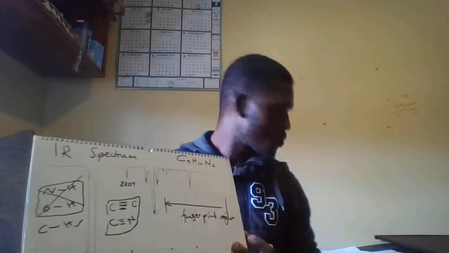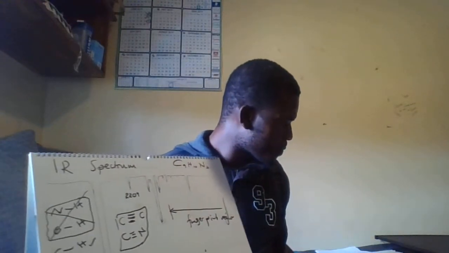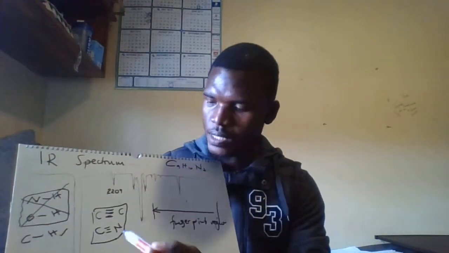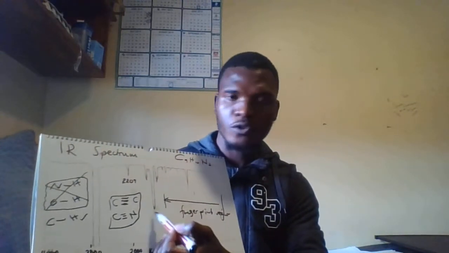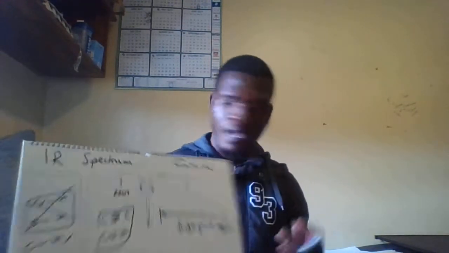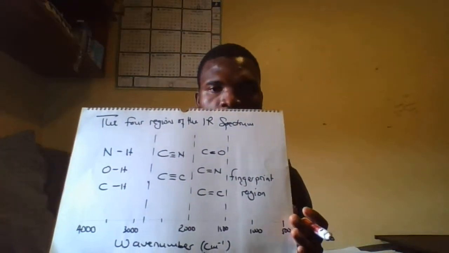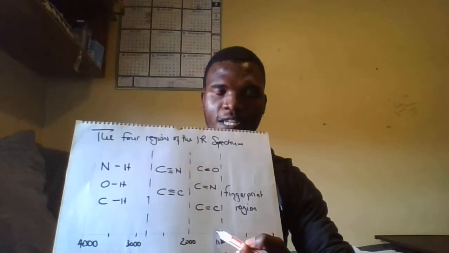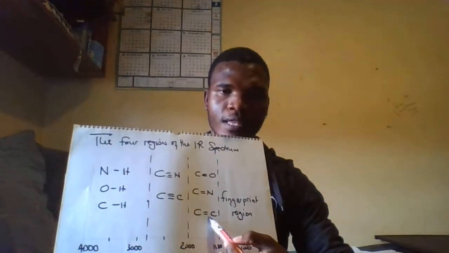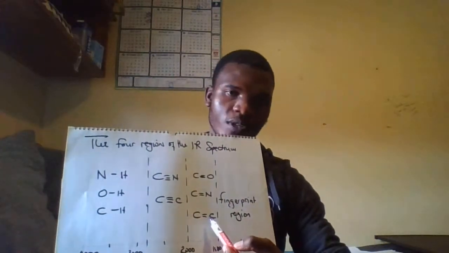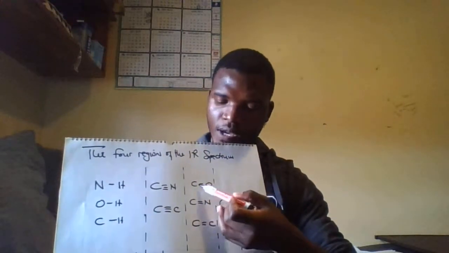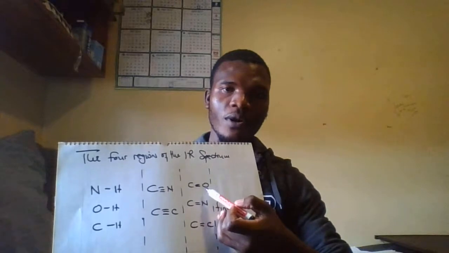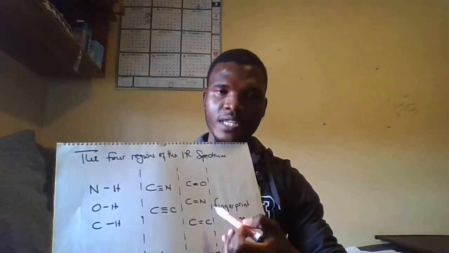Then we go to this peak between 1.5 to 2,000. So this one, according to this table, falls in this region where it can be the alkene carbon to carbon double bond or the carbon to nitrogen double bond. So we have these two possibilities.